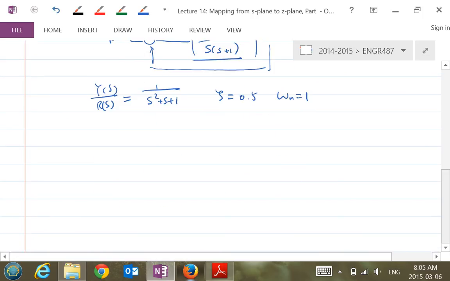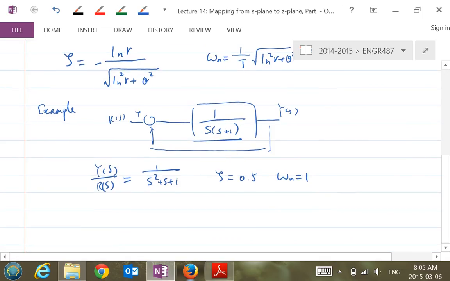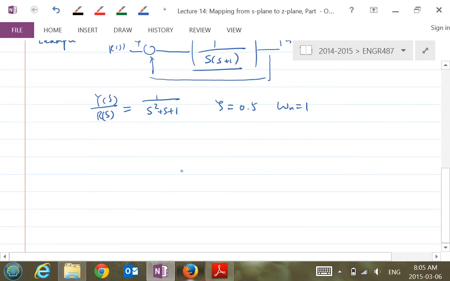Now I decide to discretize the system, so let's look at the discrete version. We use a zero order hold to discretize it.